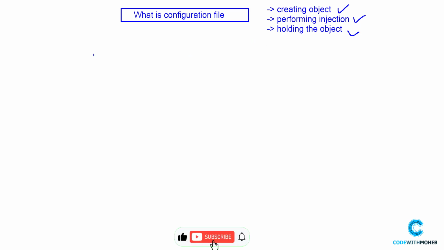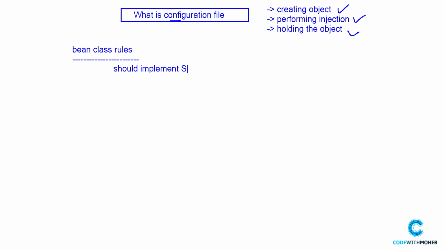Now the question comes: how is this information given? The classes that we introduce in the configuration file are called bean classes. Actually, a bean class has some rules, which a bean class must have. The first one is that it should implement the Serializable interface.